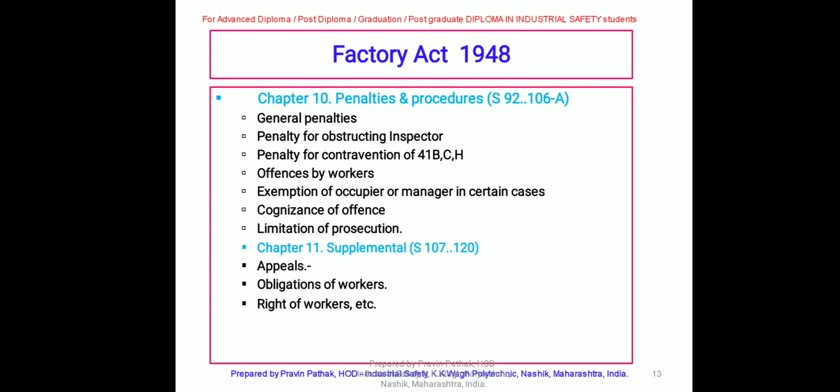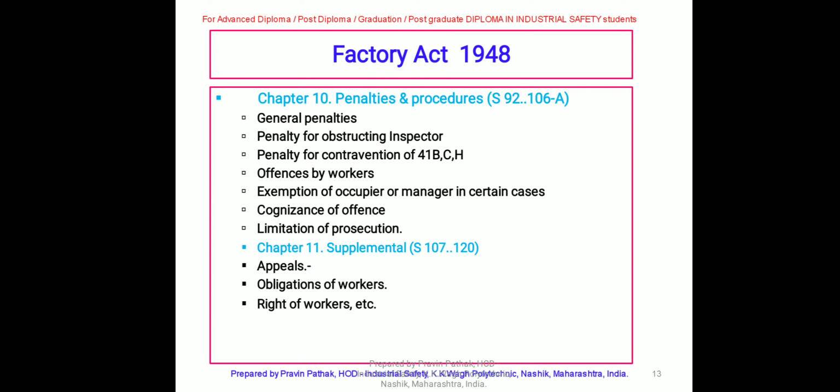So sections 92 to 106A are under chapter 10, and some of the sections are general penalties, penalties for obstructing inspector, penalty for contravention of 41B, C, H, offences by workers, exemption of occupier or manager in certain cases, cognizance of offence, limitation of prosecutions.